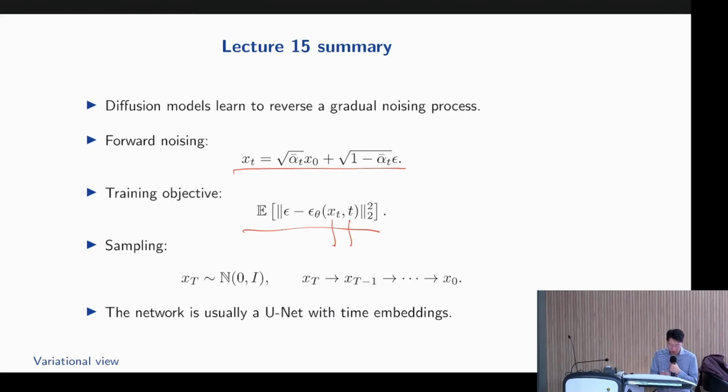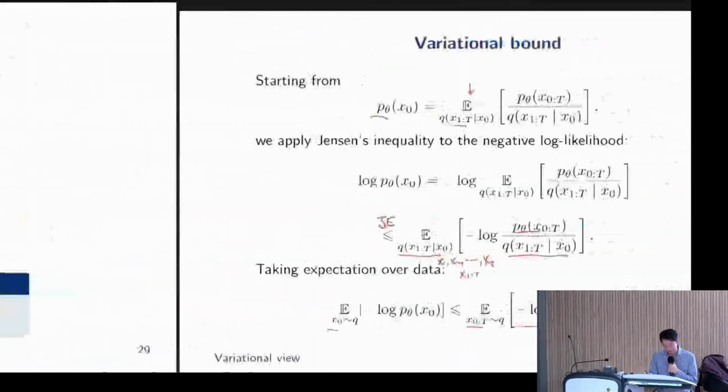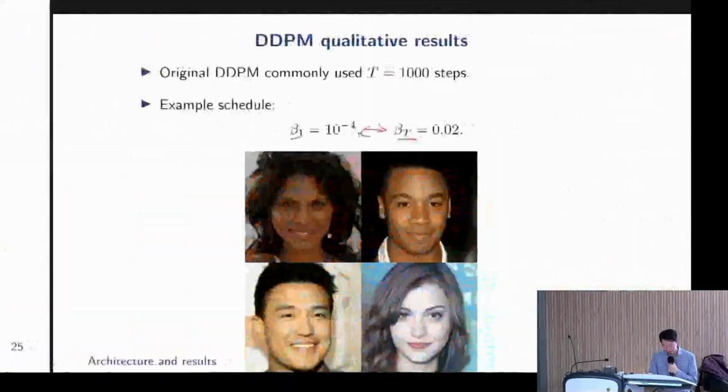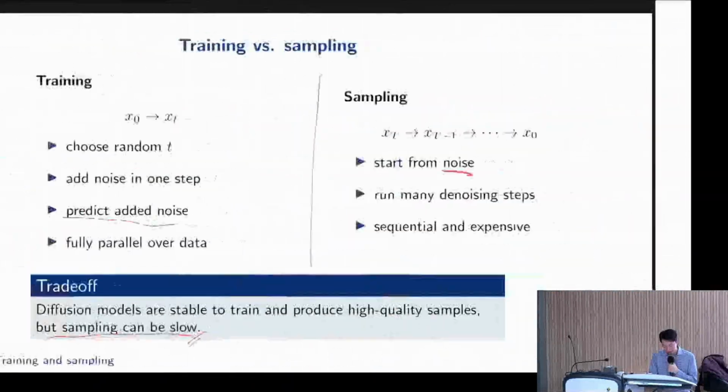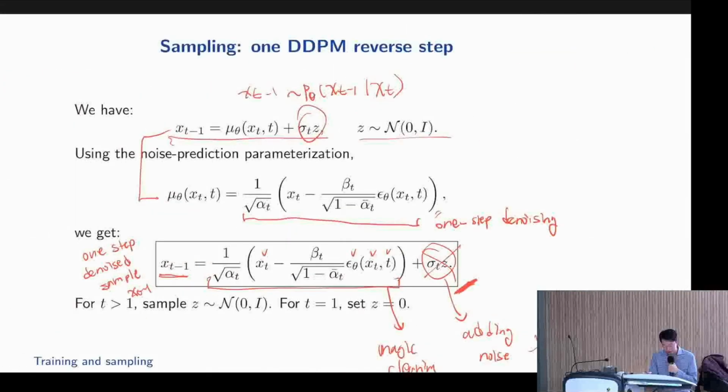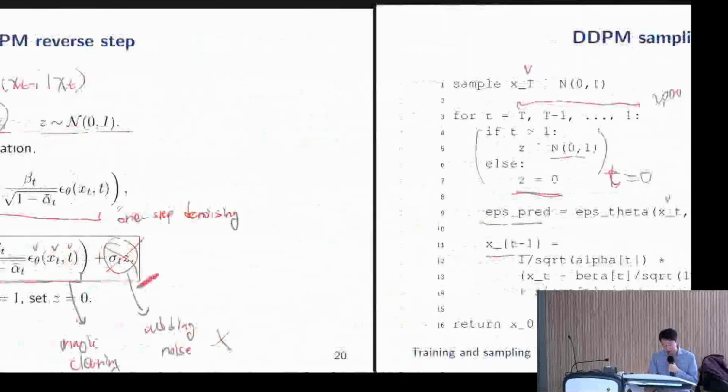For sampling, we sample from a standard normal distribution and then repeatedly apply the equation here, to generate a sample for the one-step clean image under the Gaussian assumption.